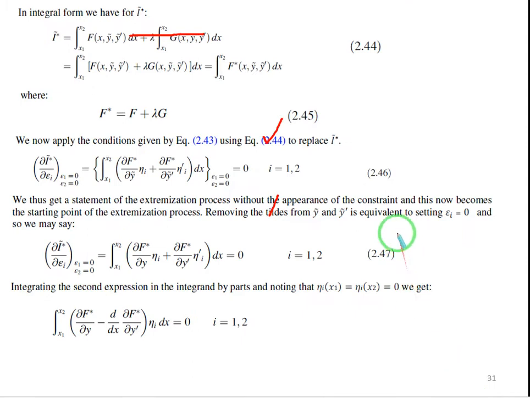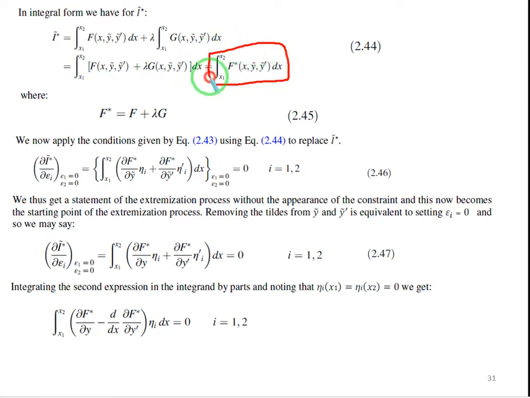If I replace I tilde star in this equation, we reach the following functional problem.